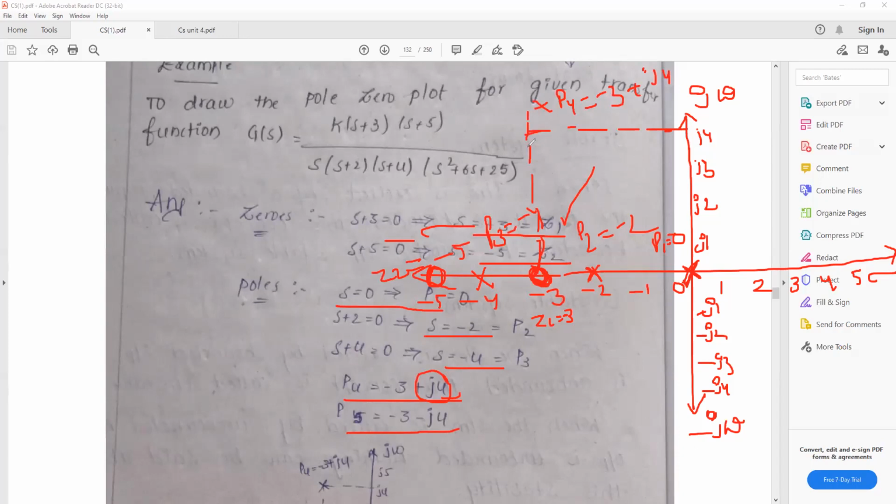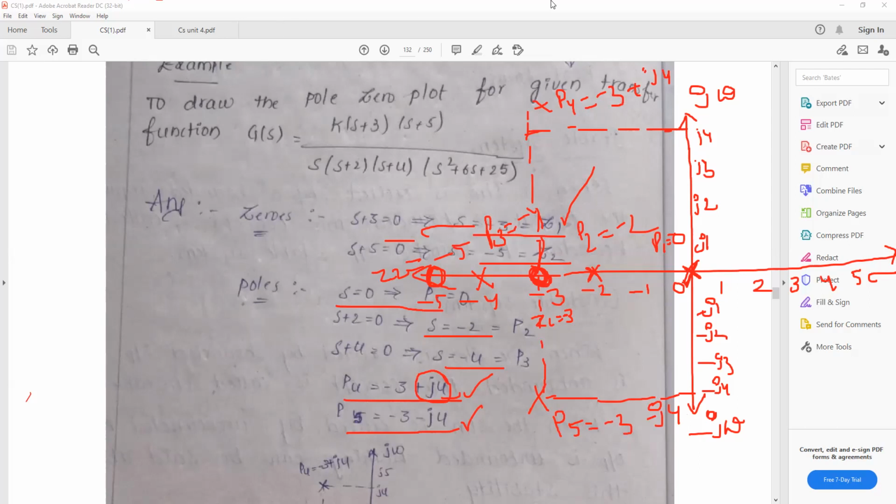And the fifth pole is -3 real term, minus j4 on the negative imaginary axis. So pole 5 is equal to -3 minus j4. This is the pole-zero plot.